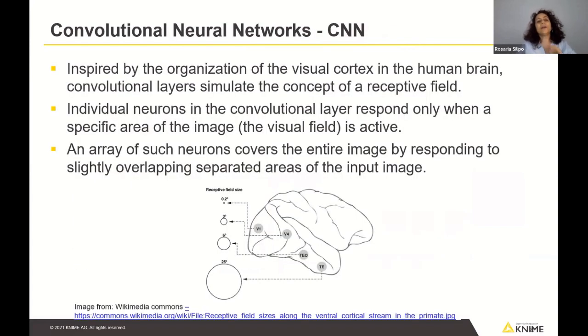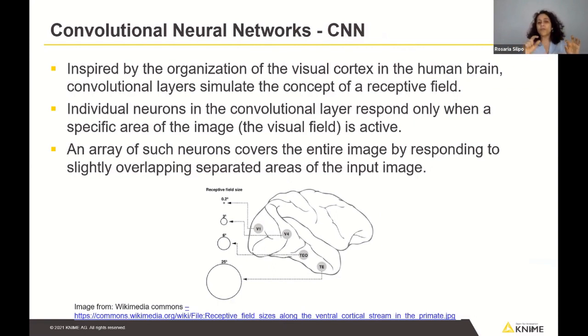Okay, so let's talk now about convolutional neural networks. They got inspired by the organization of the visual cortex in the human brain. In the visual cortex, you have a bunch of neurons, and these neurons are responsible for a specific area of your visual field.